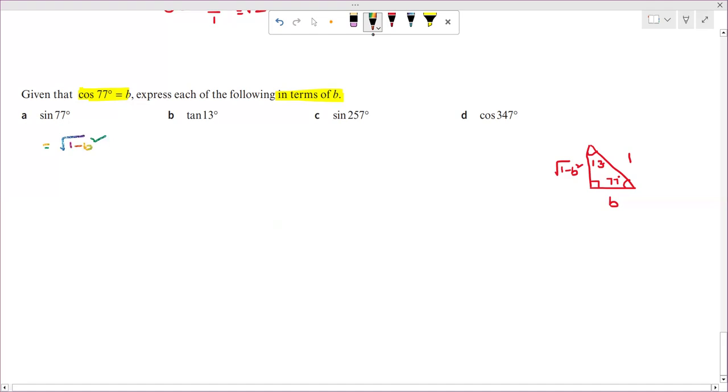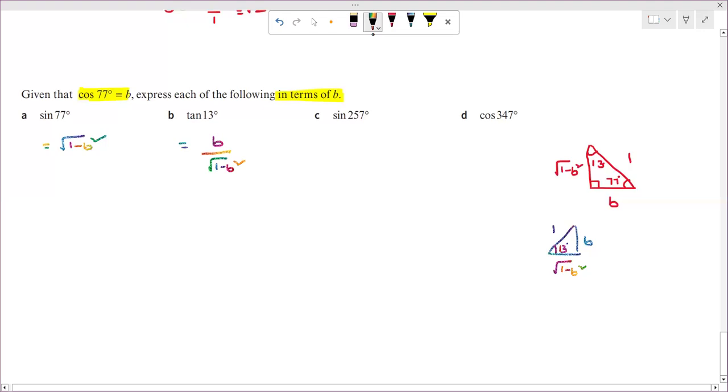And tan 13 degrees: just flip this diagram. This is 13, this is b, this is 1, this is root 1 minus b square. Tan 13 is opposite by adjacent, so b by root 1 minus b square.